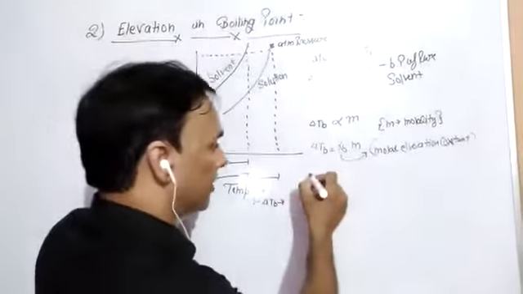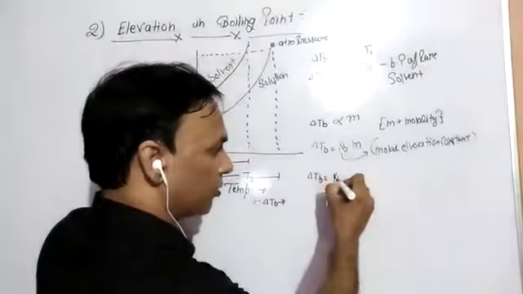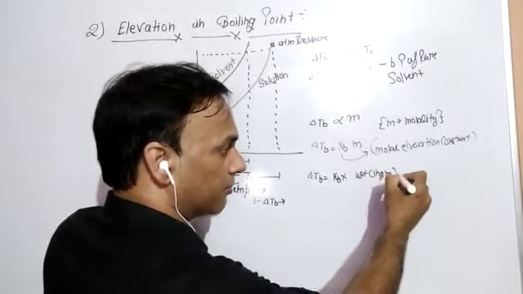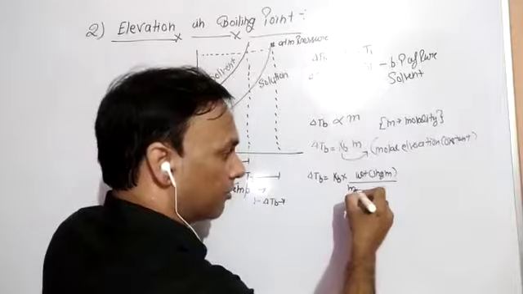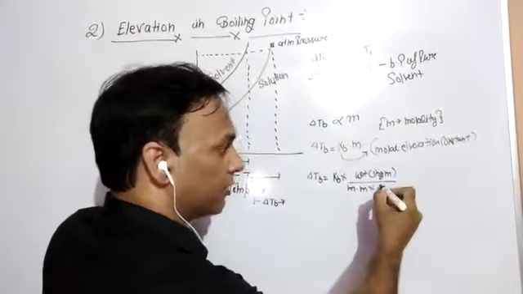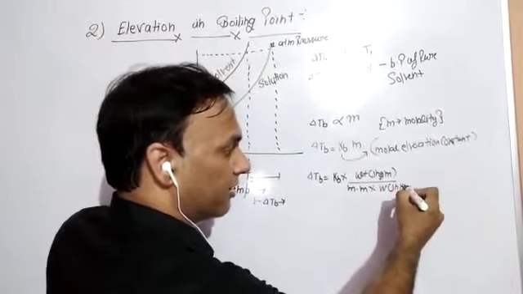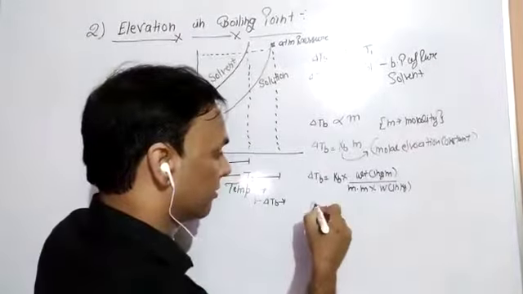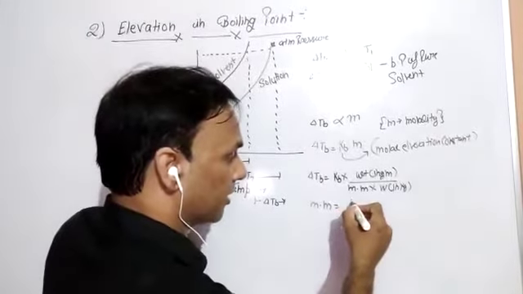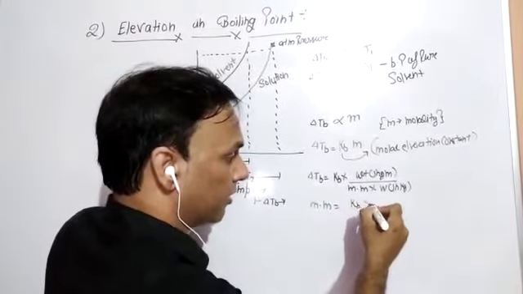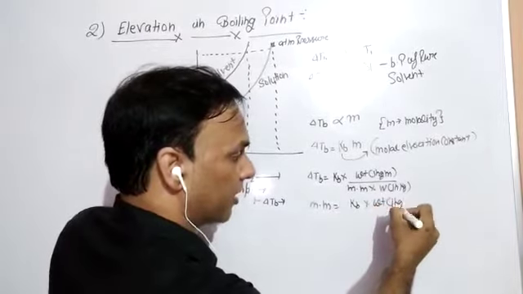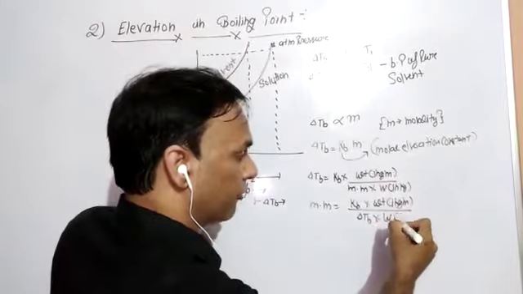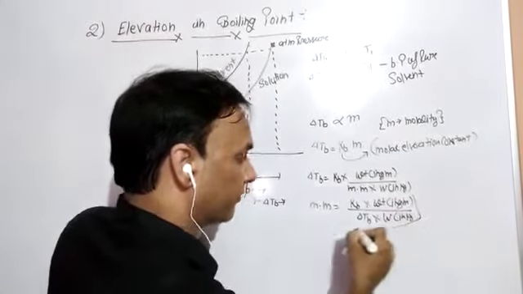How? Delta TB is equal to Kb into molality, which is weight of solute in gram upon molar mass of solute and weight of solvent in kg. Clear? By this expression we get the molar mass equal to Kb into weight of solute in gram upon delta TB into weight of solvent in kilogram.